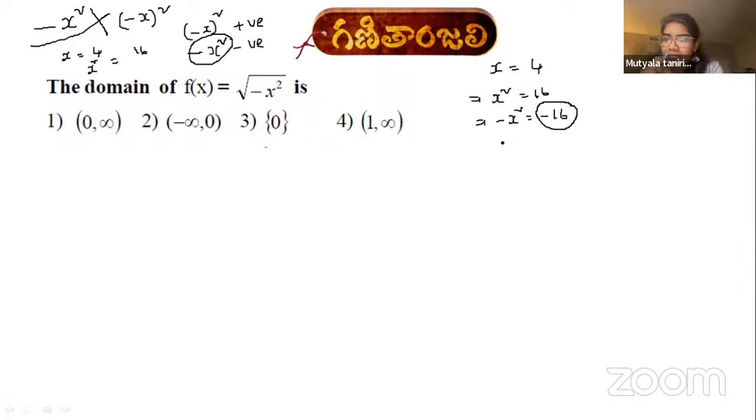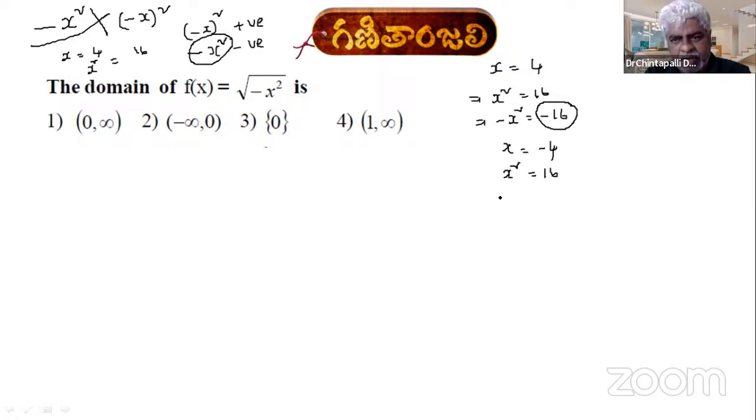For x is equal to negative 4, squaring on both sides, x square equals 16. Multiply both sides by negative: negative x square is equal to negative 16. Is it positive or negative? Negative. For positive values of x, the output is negative. Even for negative values of x, the output is negative.